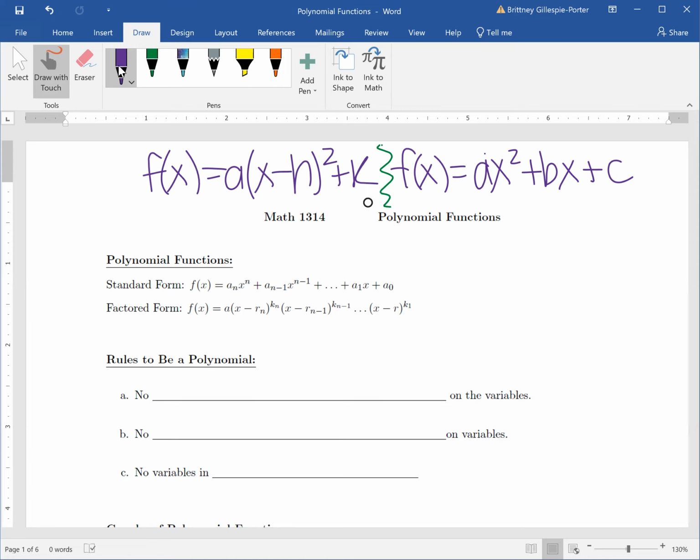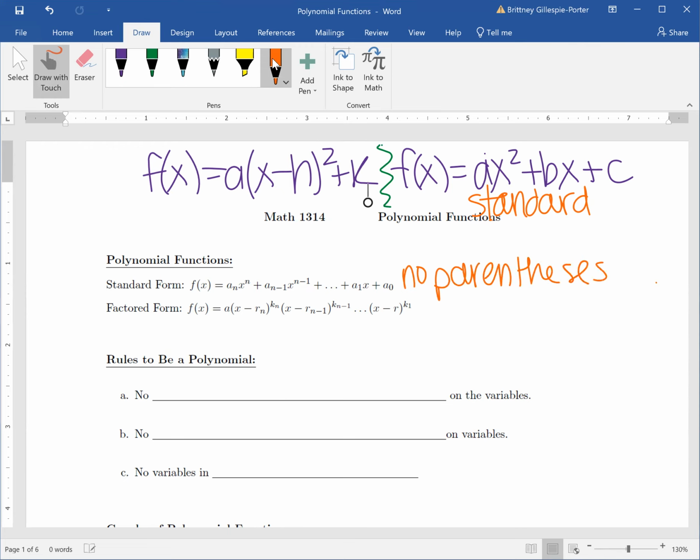Polynomial functions also come in two forms. We have our standard form, which is similar to the standard form of our quadratics. And here, in our standard form, we have no parentheses. That's how you know you have standard form. Now, I know this looks scary, but keep looking back towards our quadratics.